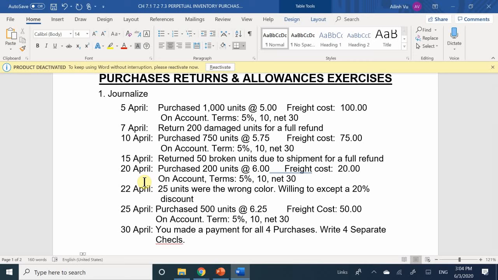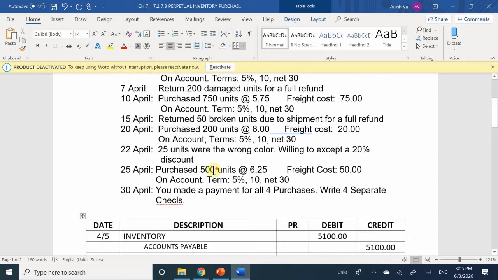So now we're going to return another 50. How do we calculate that? 50 times $5.75 is $287.50.